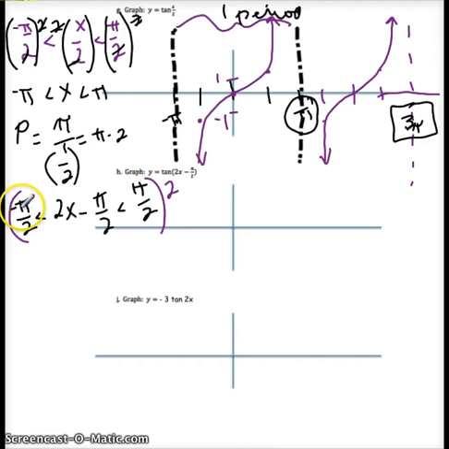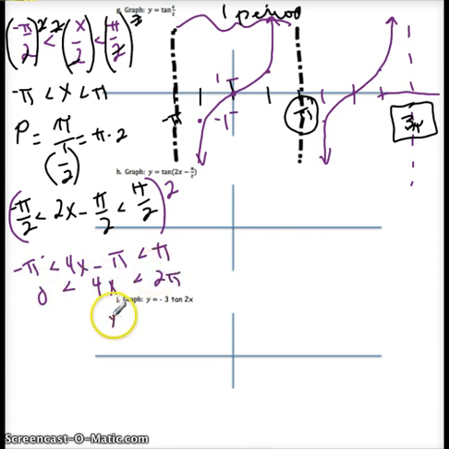So when we do that, this gives us negative pi is less than 2 times 2 is 4x minus the pi, this 2 will cancel, is less than, and this 2 will cancel. To isolate 4x, we would add pi on the outsides in the middle. So if we add pi here, we have 0 and 2 pi. And then we would divide by 4. So our asymptotes are at 0 and pi over 2.